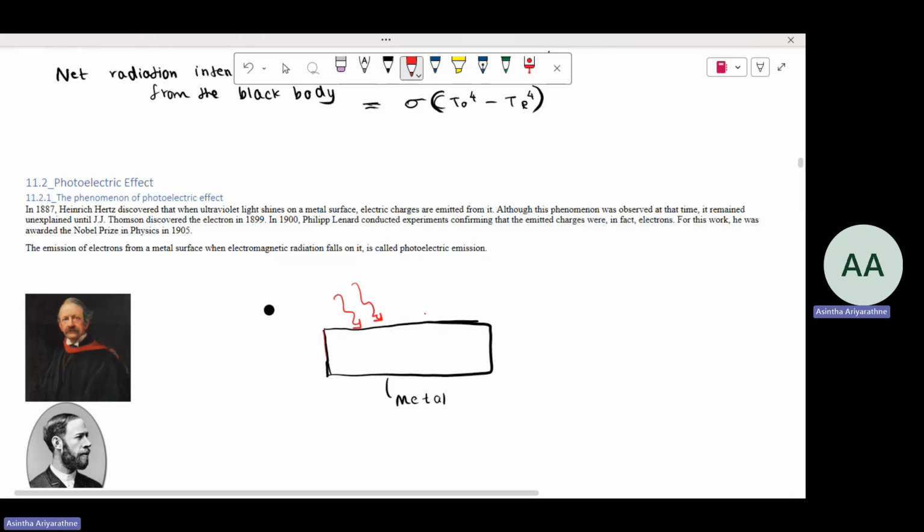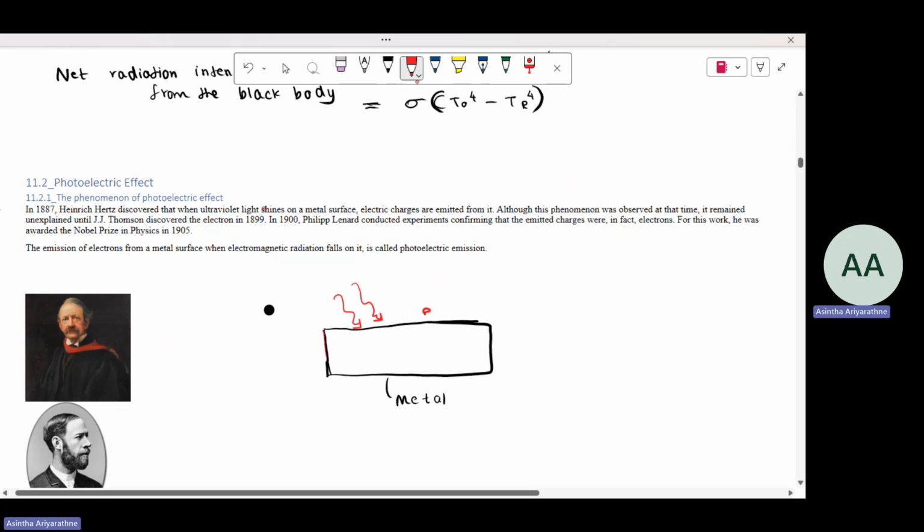metal sheet, some kind of electric charges are emitted from it. At the time, they didn't know that these electric charges are electrons. Later, in 1899, J. J. Thomson found the electron.